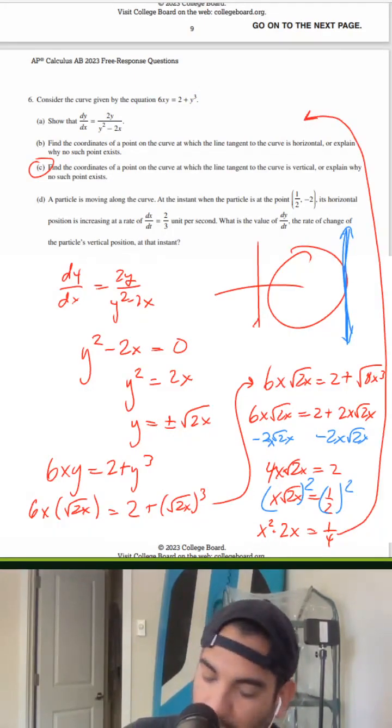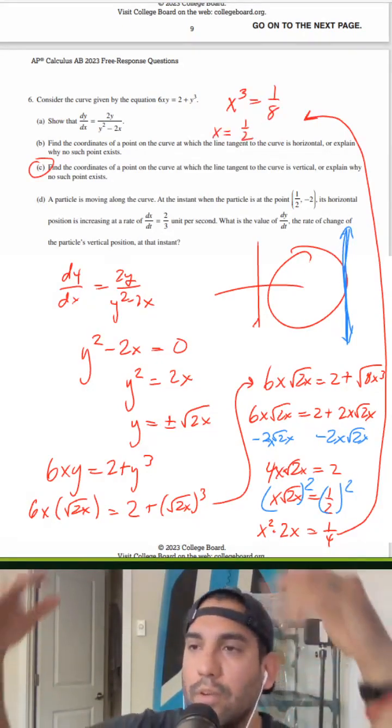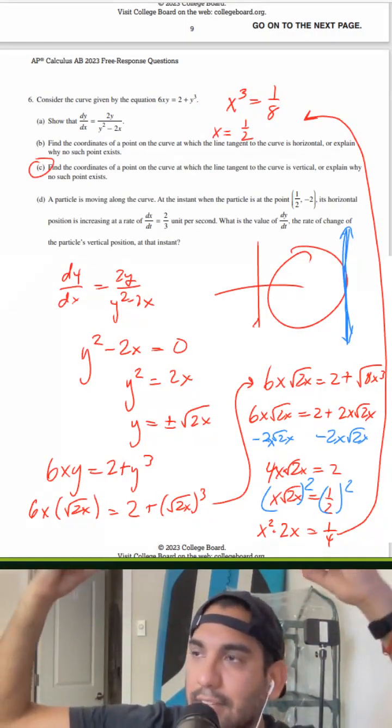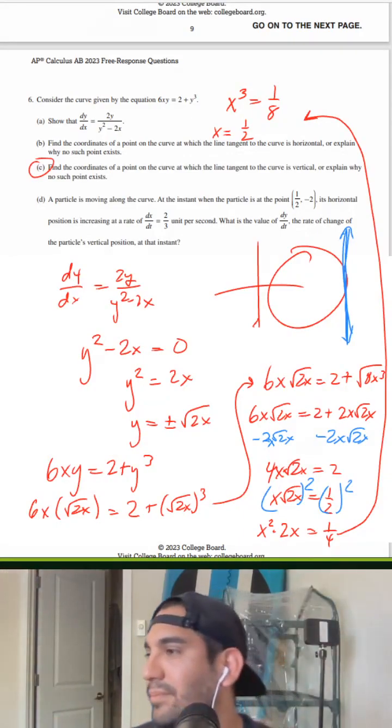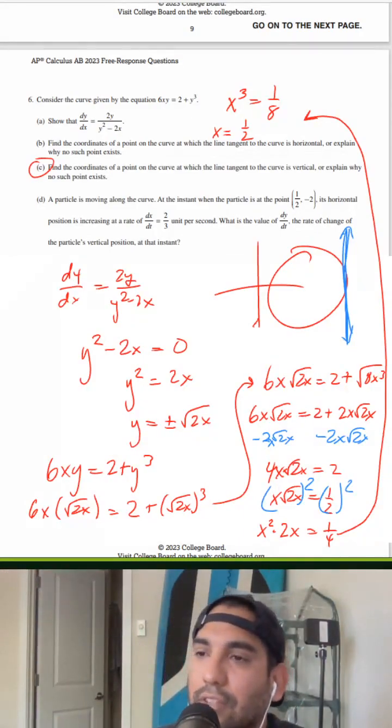So I divide the 2 to the other side, and I get x cubed is equal to 1 over 8. X is equal to 1/2. We found the x value. X is equal to 1/2. Yes. So I solved for x equal to 1/2. And then I need to find the y value for that.